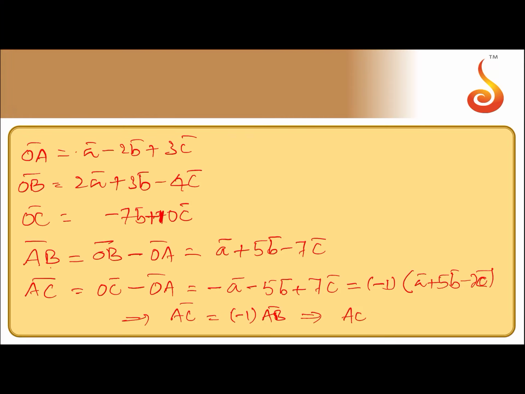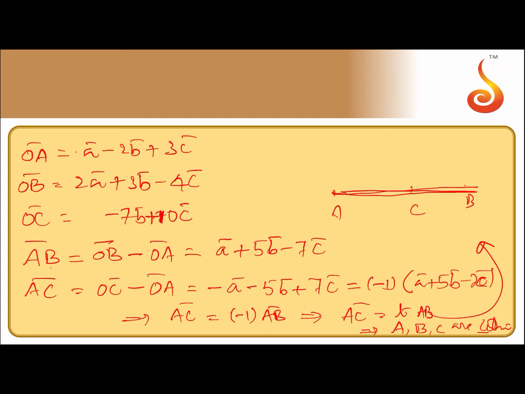Clearly you could see that they lie on the same line. So AC is equal to some scalar times AB vector. They are collinear. That implies A, B, C are collinear.